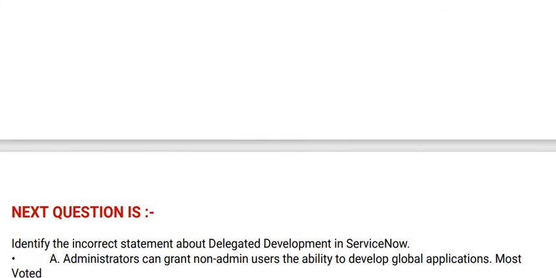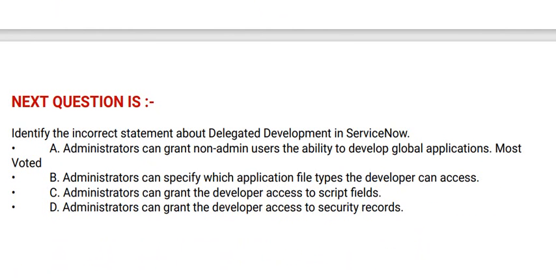Next question is, identify the incorrect statement about delegated development in ServiceNow. Option A, administrators can grant non-admin users the ability to develop global applications. Option B, administrators can specify which application file types the developer can access.